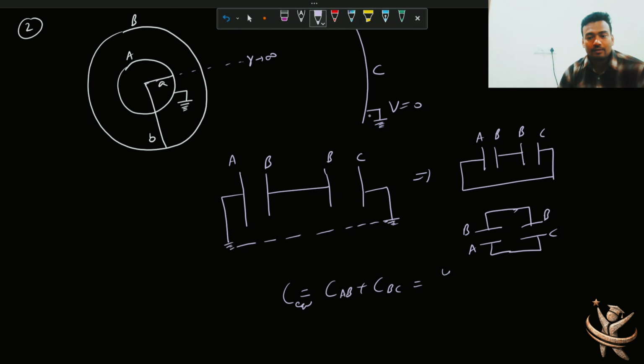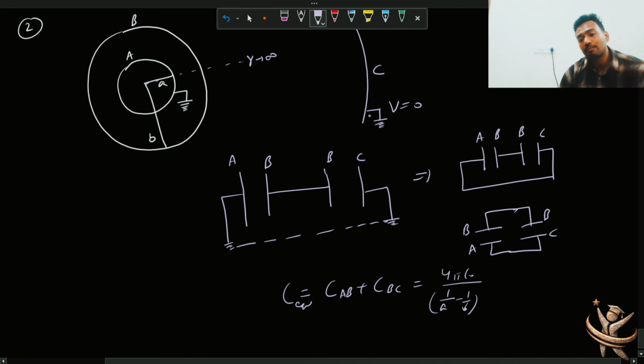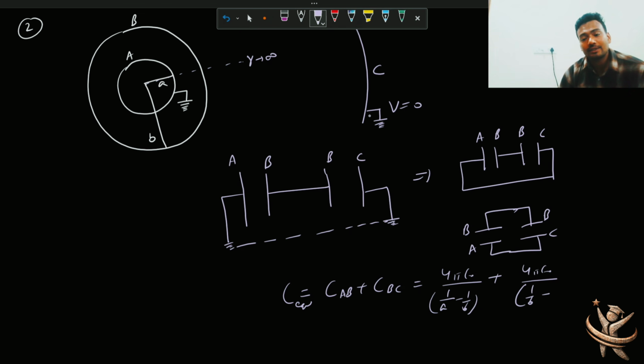What was AB? 4 pi epsilon naught 1 by A minus 1 by B. What is C BC? 4 pi epsilon naught 1 by B minus infinity. So that is nothing, just this thing. You can simplify it later.